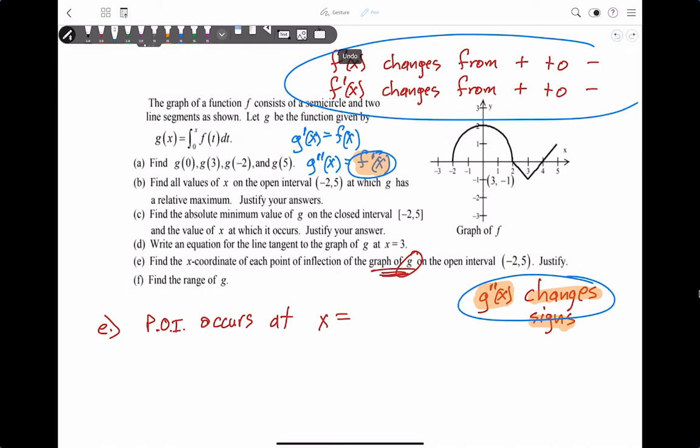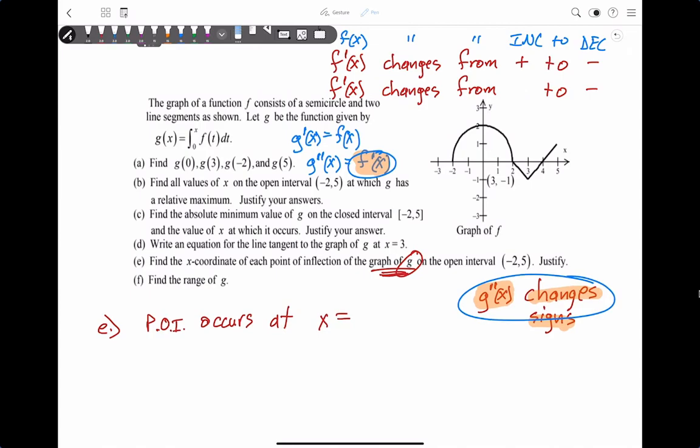The reason I showed you that is f prime changing from positive to negative is the same as f changing from increasing to decreasing. Vice versa. Oops, I see what I did. I need to change this to a negative and a positive.